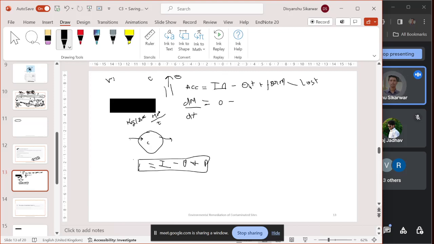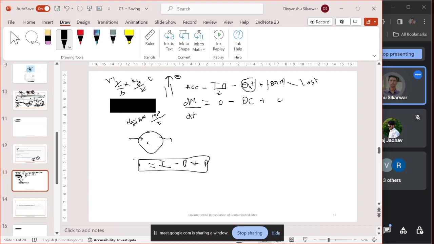Q is meter cube per second or liter per second, and C is kg or milligram per liter. The liter will cancel out, giving kg per second. So Q into C gives the mass extracted per unit time, which is this out term. We are not putting any contaminant in, because our aim is remediation.